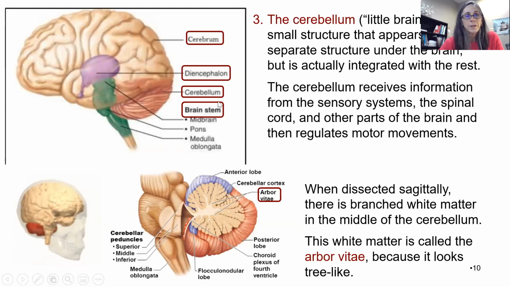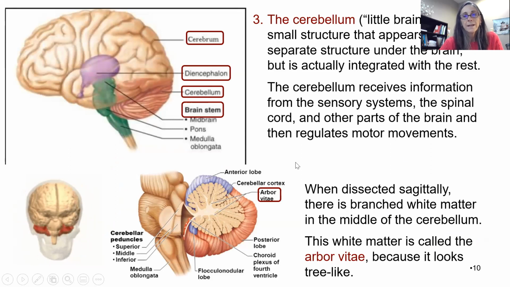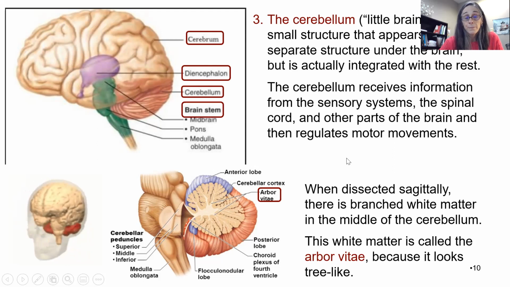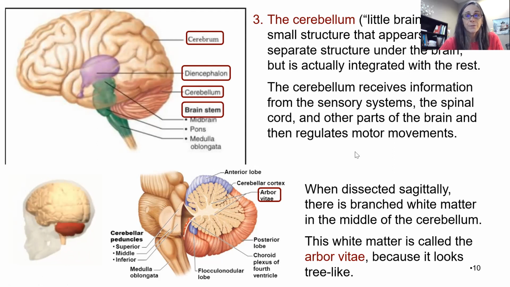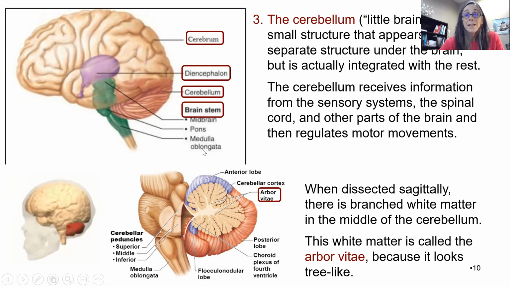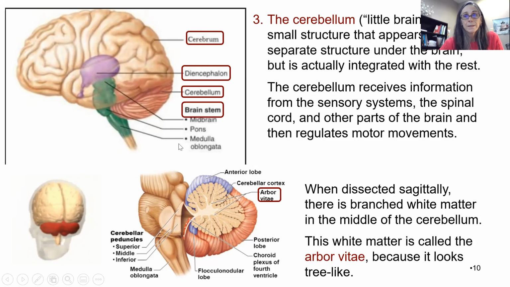Okay, the next one we're going to talk about is the cerebellum. The cerebellum is that cauliflower structure that sits right here underneath. It is small, not as big as the cerebrum, but it is very important. It receives information from sensory systems, the spinal cord, and other parts of the brain, and it regulates motor movements.